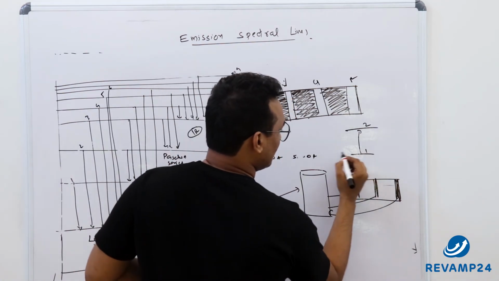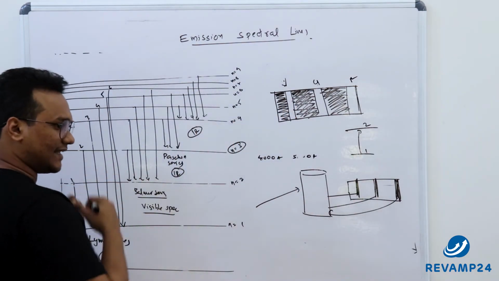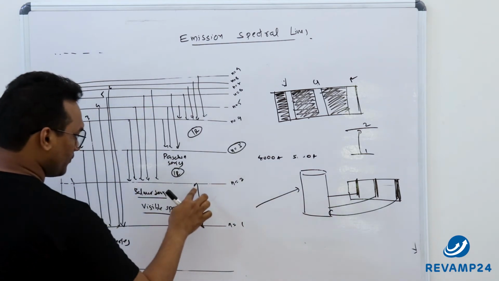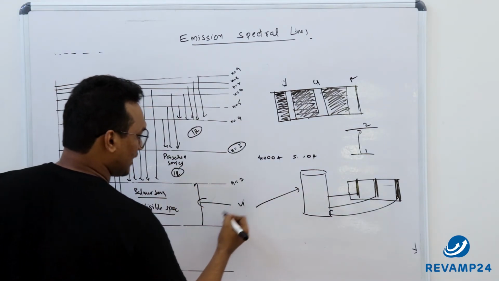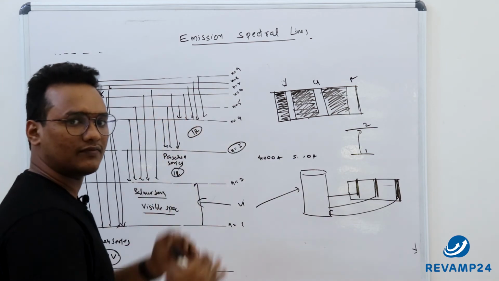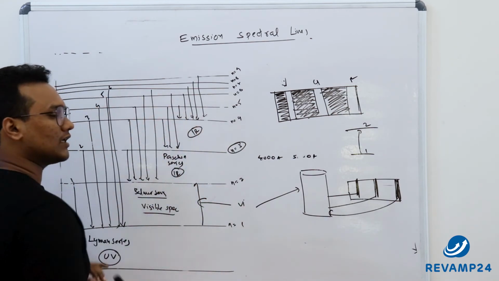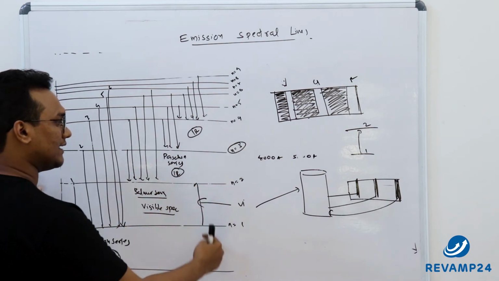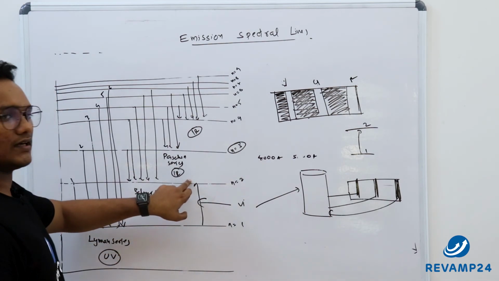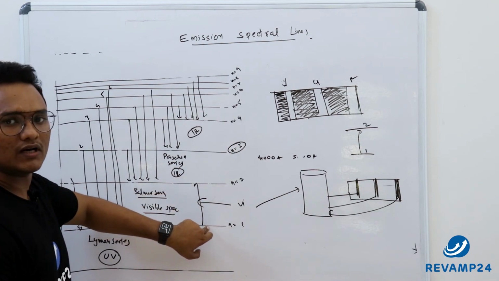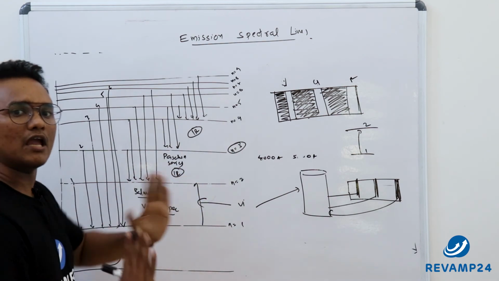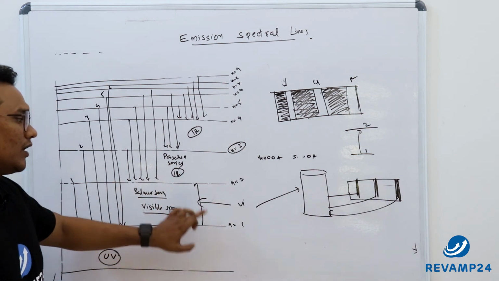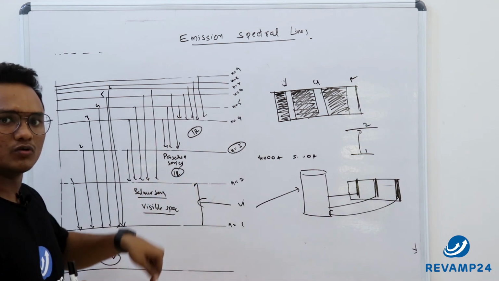If from 1 to 2 it is taking violet color, then at some position, if it de-excites from 2 to 1, the same energy, same color of radiation will be given out because the energy difference is the same. Only the difference here is from 1 to 2 absorbing, from 2 to 1 emitting.